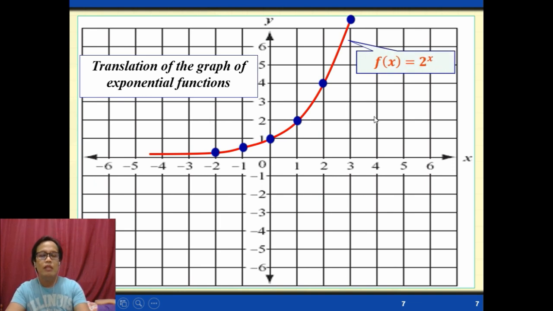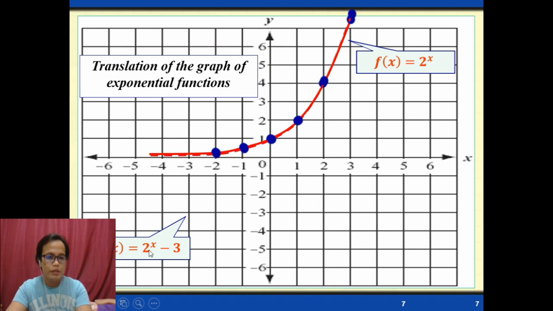For example, you are told to plot the graph of this function: f of x equals 2 raised to x minus 3. It is different in form because of the negative 3 here. What is its effect? If we plot the graph of this function, look at my illustration here.